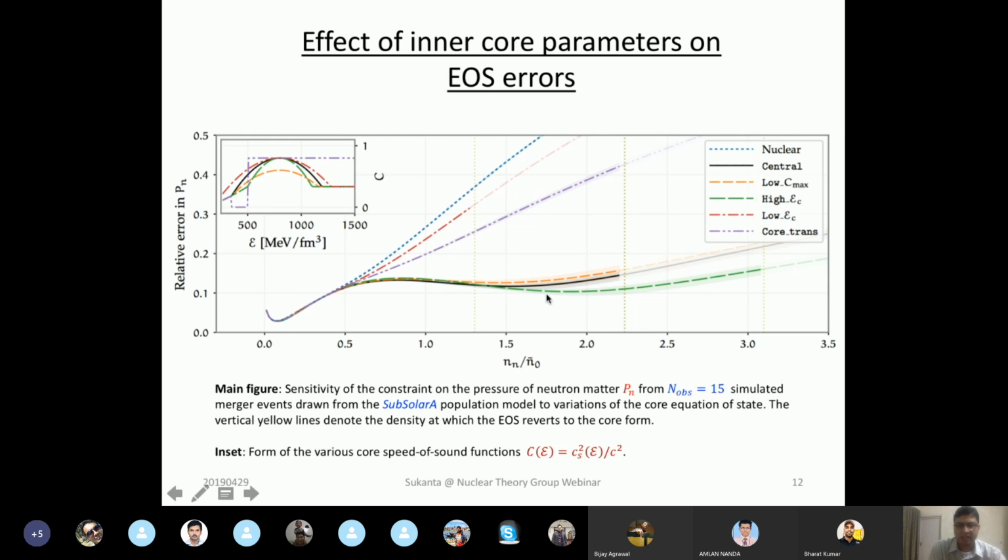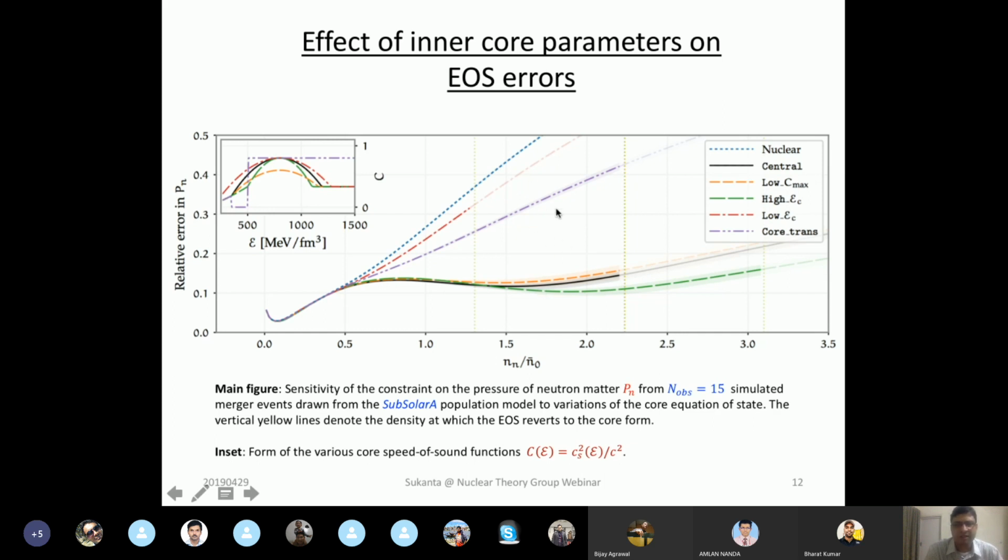So this black is the central equation of state parameter with 15 gravitational wave observations, and the orange and green and so on are when you vary the inner core equation of state parameters, such as where the transition is happening, whether at low energy density or high energy density, and whether you're using a lower value of Cmax, like 0.6 as opposed to 0.8. You notice that there is some sensitivity, and I would say thankfully, to what the inner core parameters are.